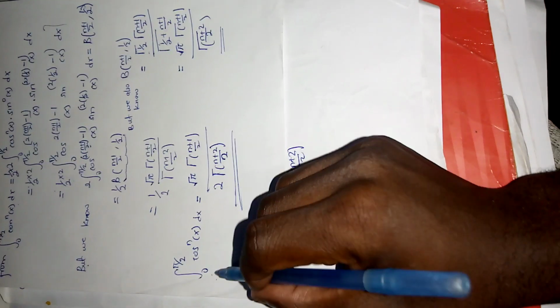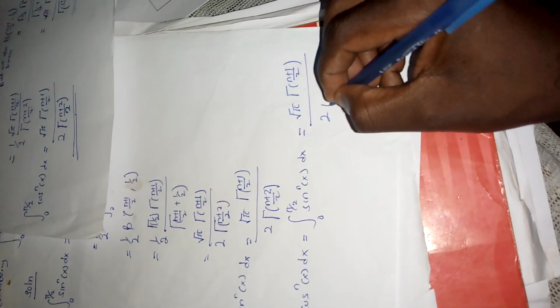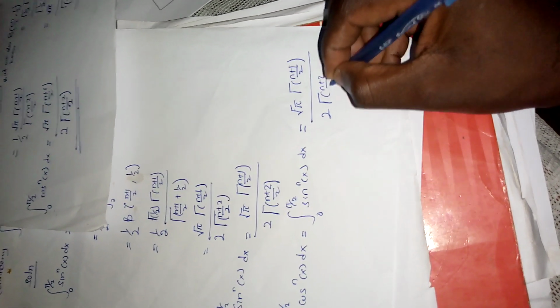So since the cosine part is equal to the same, and the sine part is also equal to the same, we conclude by saying that the integral from 0 to pi by 2 of cos power n of x dx is equal to the integral from 0 to pi over 2 of sine power n of x dx, equal to root pi gamma of (n plus 1) over 2 divided by 2 gamma of (n plus 2) over 2.